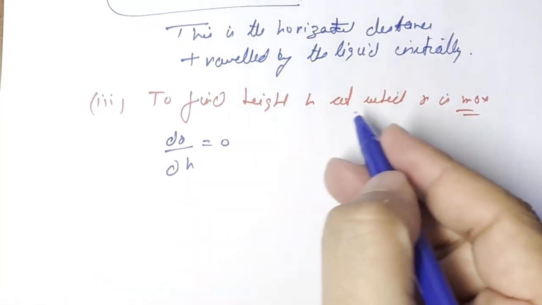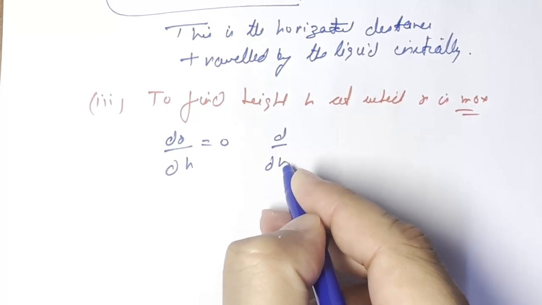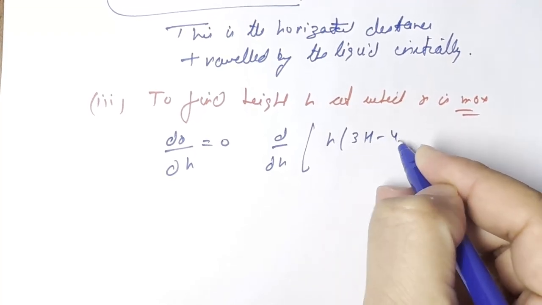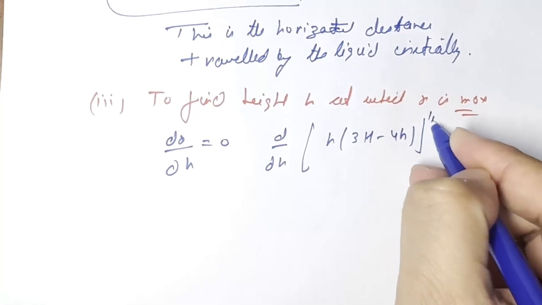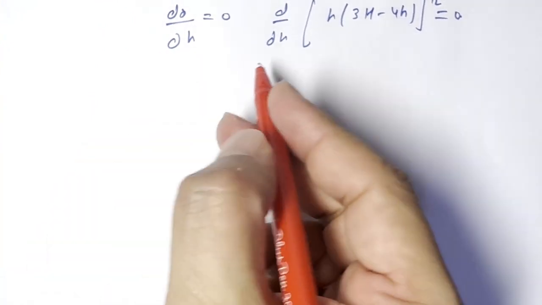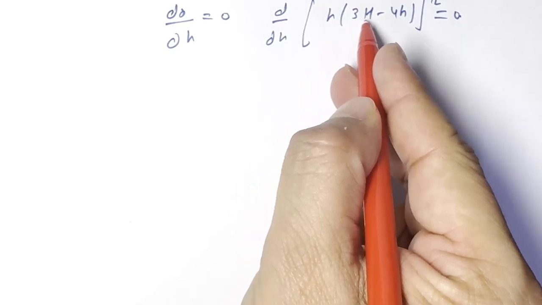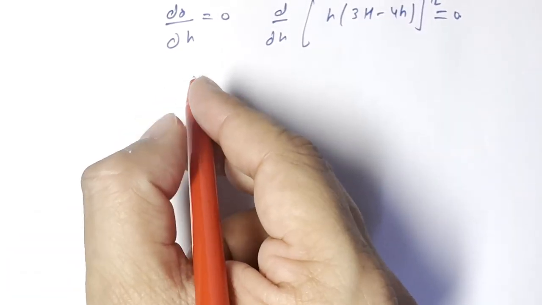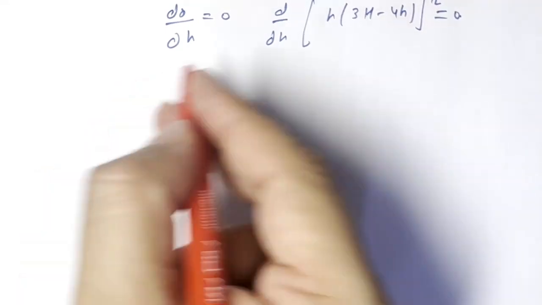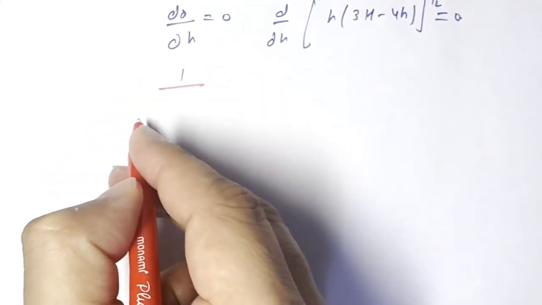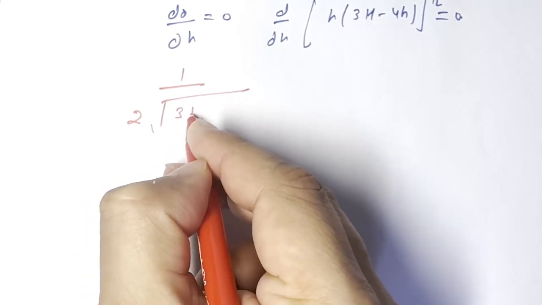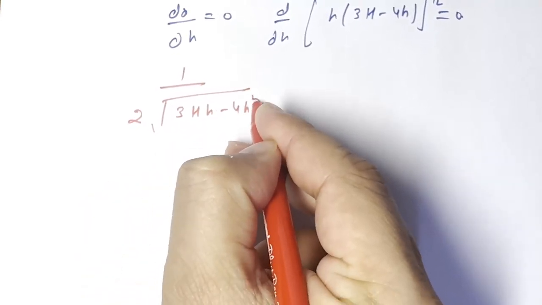we simply differentiate the distance x with respect to h, and put it equal to 0. So we substitute, d by dh of h times 3 capital H minus 4 small h, whole raised to the power 1 by 2, is equal to 0. Now it's quite simple. This will give us 3H multiplied by h minus 4h square, and this is 1 by 2, so 1 by 2 minus 1 will be minus 1 by 2, so it will come in the denominator. So we can write this as 1 by 2 times the square root of 3Hh minus 4h square.